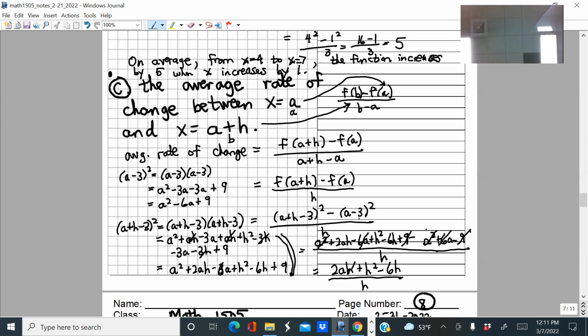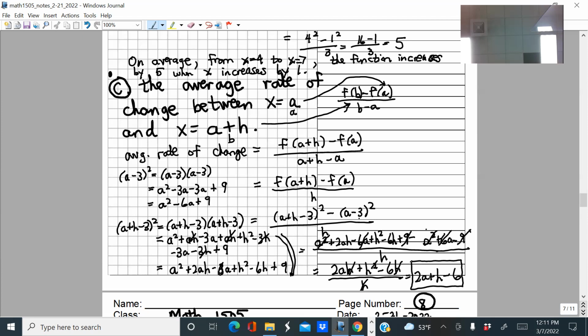So guess what? You can divide out the h in the denominator. So what do you get left with? 2a plus h what? Minus 6. Ooh, that was terrible, but it just boiled down to not bad at all. 2a plus h minus 6. There's our average rate of change from a to a plus h.